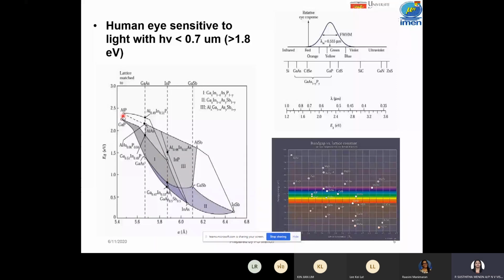For example, this is gallium phosphide. The band gap energy is about 2.3. But when you replace the phosphide with arsenide, the band gap drops to 1.5. This is called band gap engineering. We can get different photon energies by tailoring different materials.